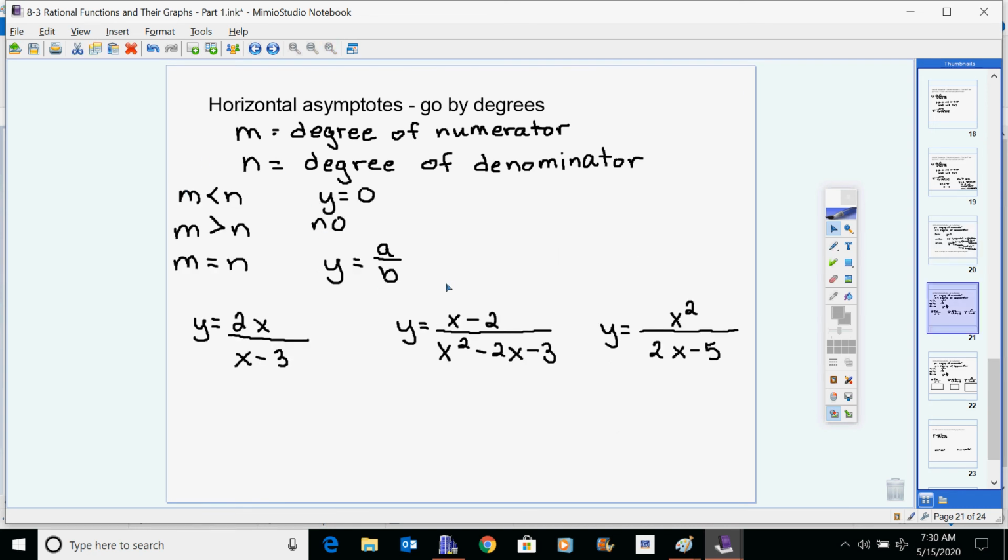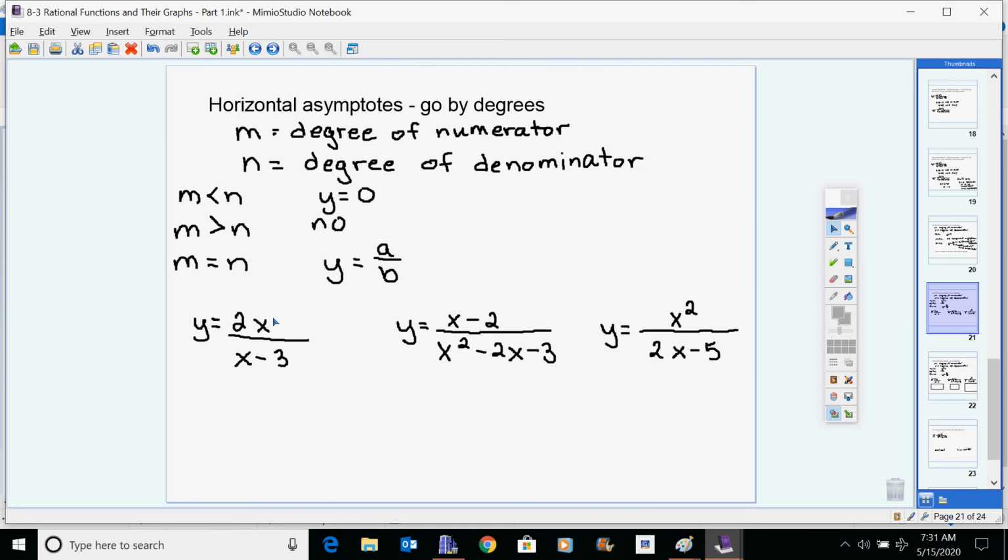Here's our thing that we're going to take a look at. First of all, you look at the degree of the numerator and the degree of the denominator. Remember, I said that you always have to have the exponents of the variables in descending order, and that's our standard way of writing it. So we've got a numerator and denominator.